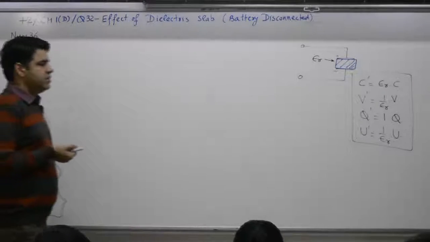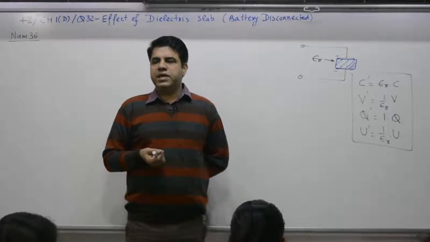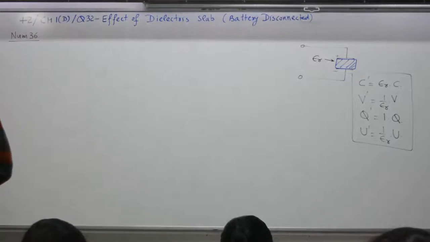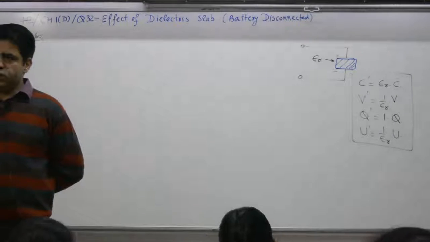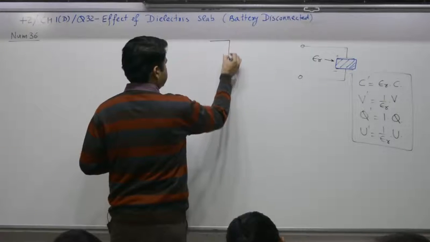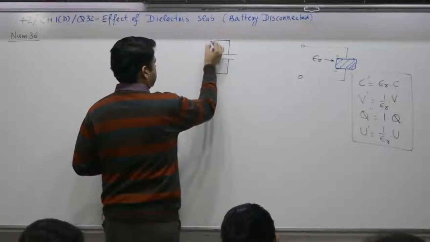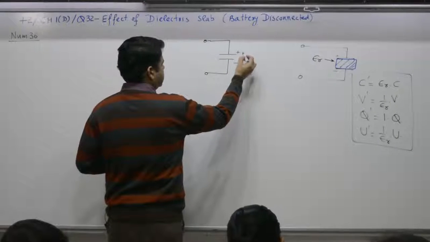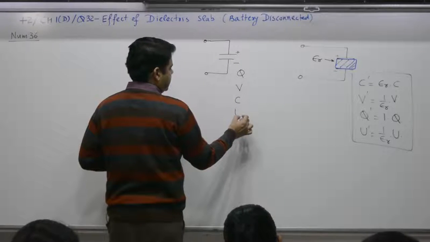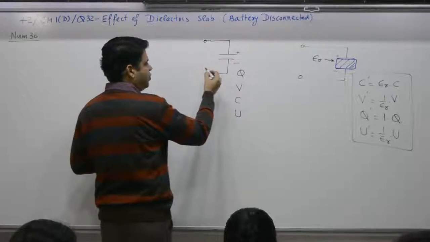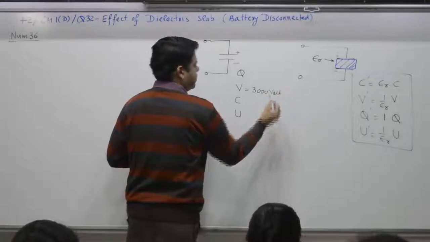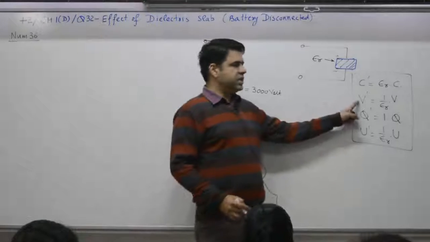First decide whether it is a case of battery connected or disconnected. Go through the content. How? It is given in the question: initial voltage, charge Q, voltage V, capacitance C, energy stored U. Initial voltage V was 3000 volt and the final voltage is given.